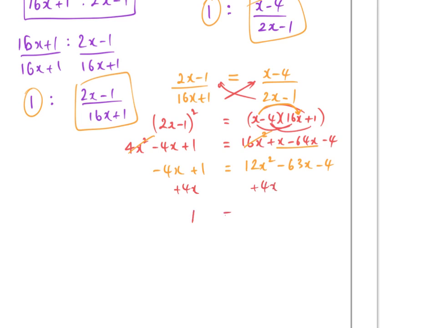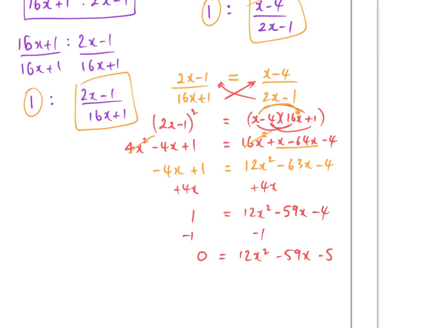And that will give me 1 equals 12x squared. And then if I add 4x to minus 63x, that gives me minus 59x minus 4, and then take 1 from both sides. That gives me 12x squared minus 59x minus 5.